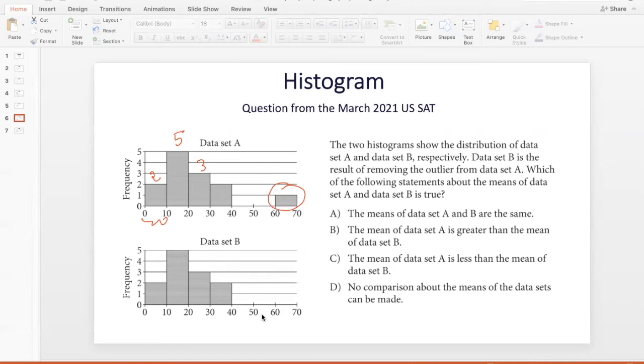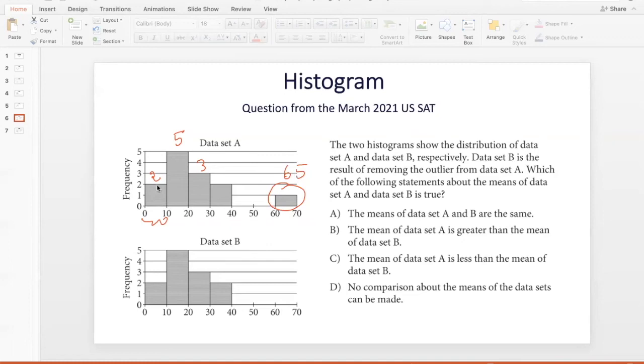Now, if you'll think about it, the two data sets are identical except for this one value between 60 and 70. So let's say this is 65, just for the sake of understanding. So you can see that the mean of the first data set will be pulled to the right by this extremely large value, right? Because when you sum the values of data set A, then 65 is much greater than all the other values, right?